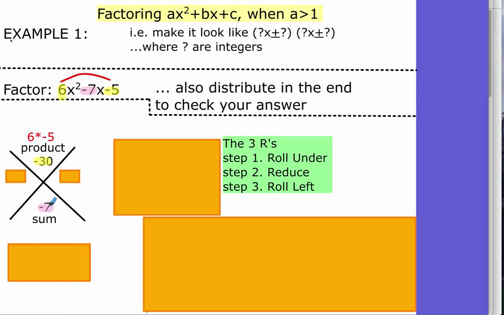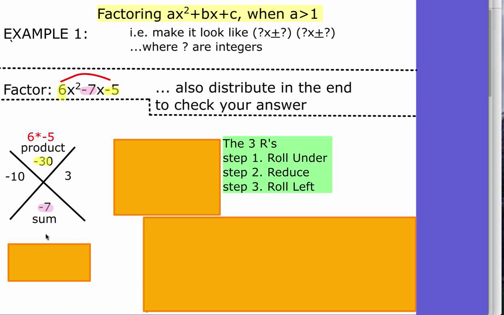Let me pause for around 3 seconds, and you feel free to hit the pause button on the video in order to give yourself more time. So hopefully you found that the two numbers that multiply to negative 30 and add up to negative 7 are negative 10 and positive 3.